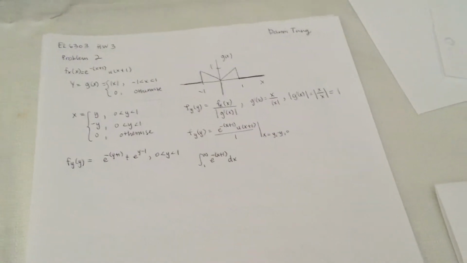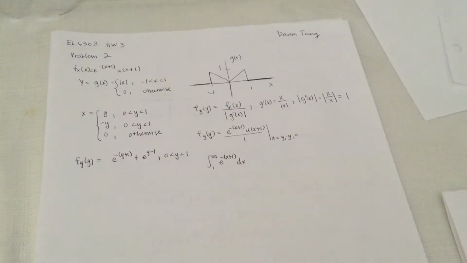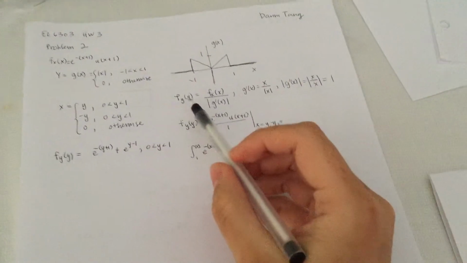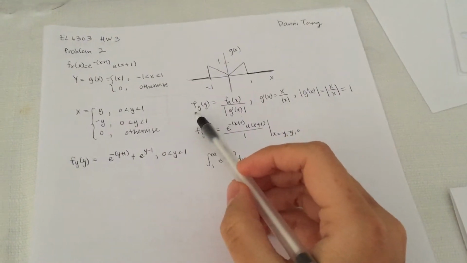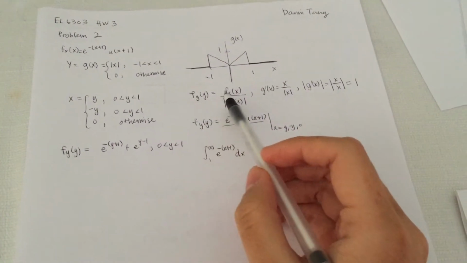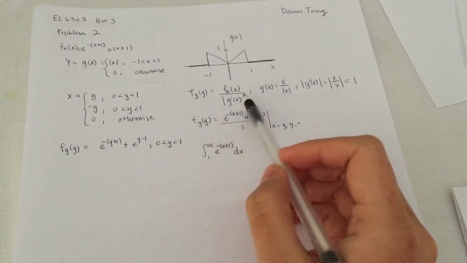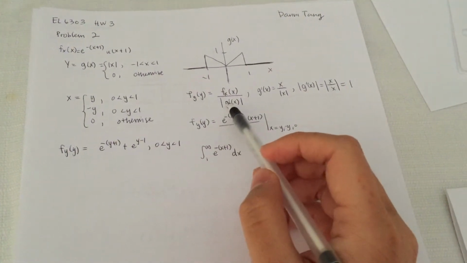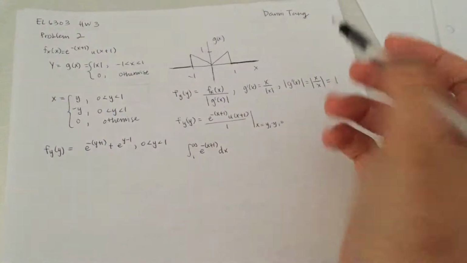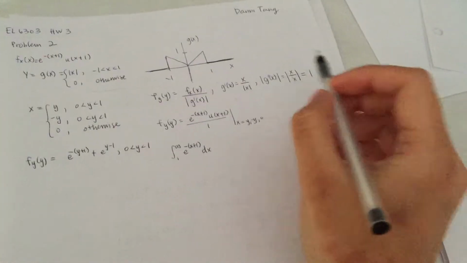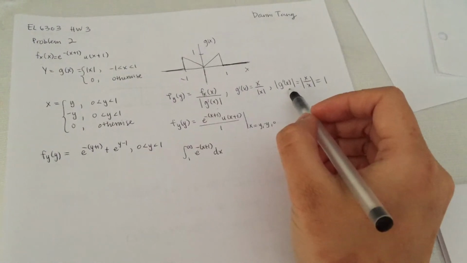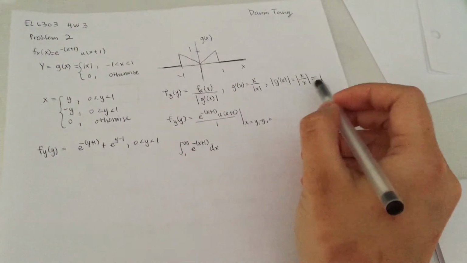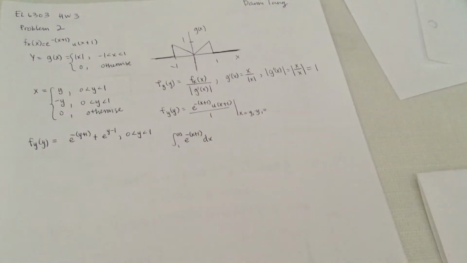So now we can use the fundamental theorem to find the small f of y. Small f of y is equal to small f of x over absolute value of derivative of g of x. And we see that the absolute value of the derivative of g of x is actually x over absolute value of x, which is 1.